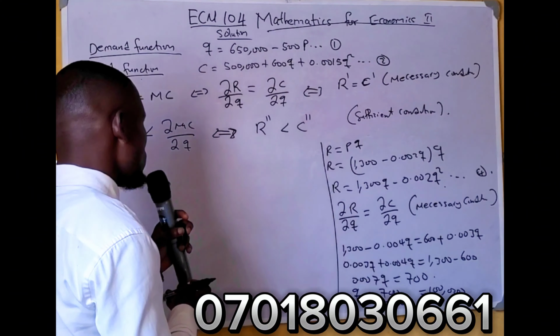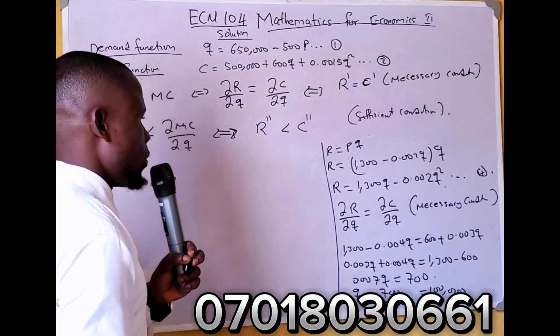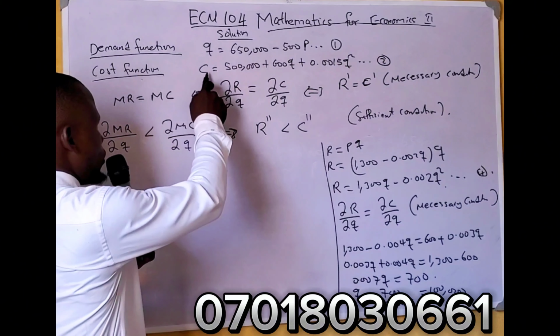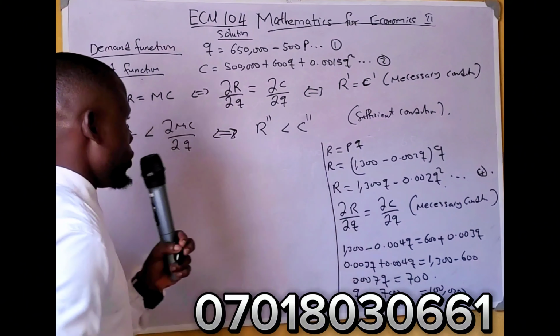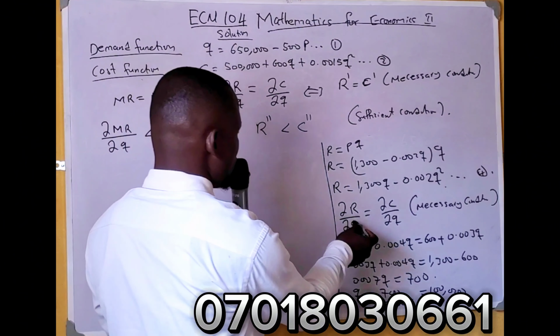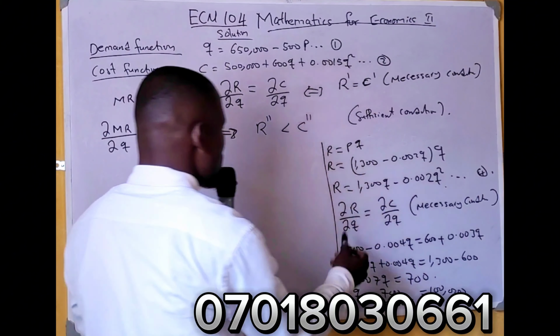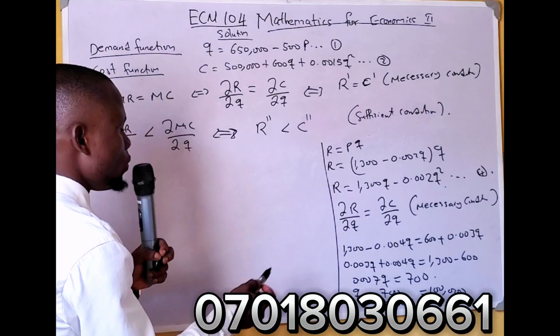Now the sufficient condition is about taking the second order derivative of our total cost and total revenue functions. Since we already have the first order derivative as our marginal revenue, which is this and this, all we simply do is take the second order derivative.